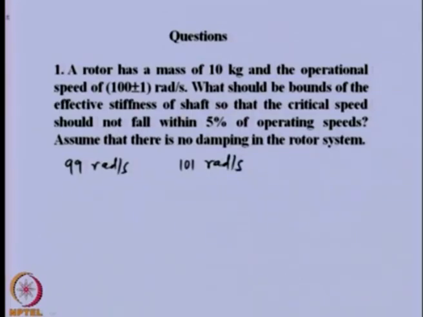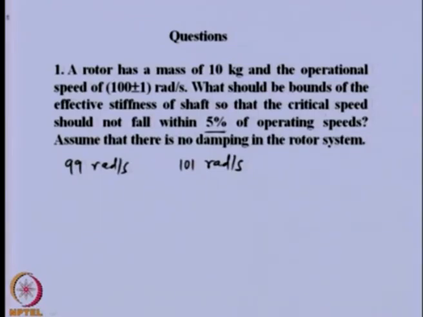From this we can see that the operational speed should have a 5% margin, that is, the critical speed should not fall within the operating range of 5%.